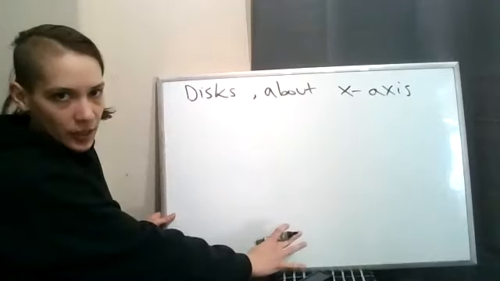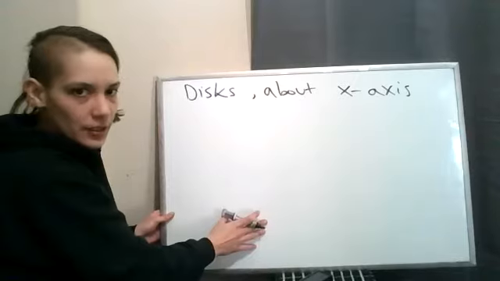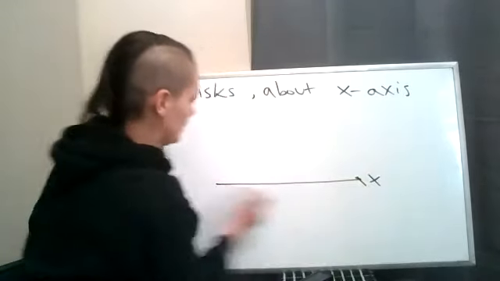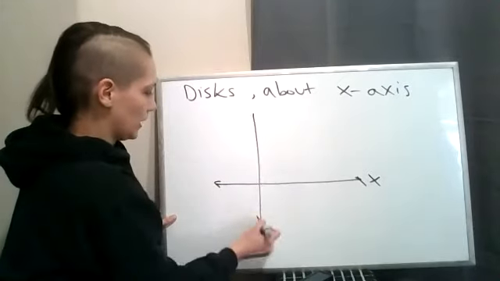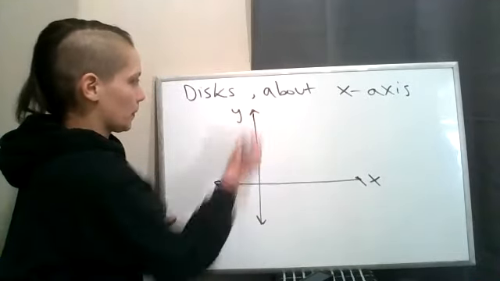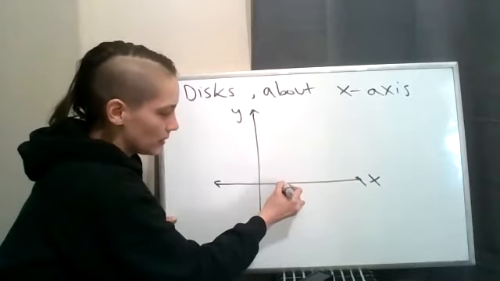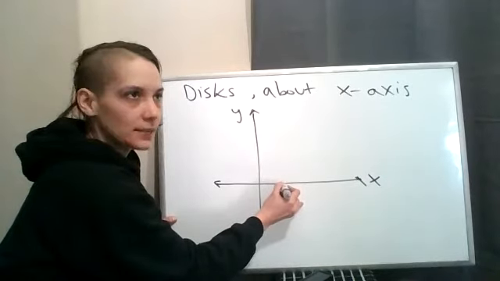Okay, we'll put that volume down again, but I want to have a picture first. So here are your x values and y. And we have this piece. I picked pieces close to the x-axis.